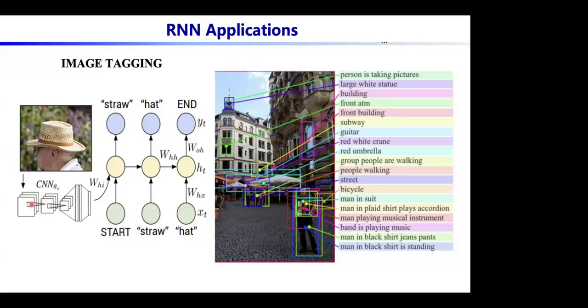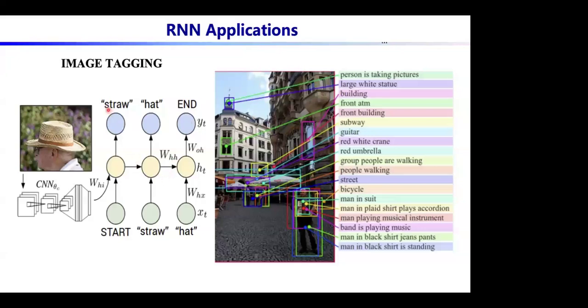So typically, what you can do is have a scene operation output objects one by one, and then input each object and train an RNN neural network to output the descriptions of the objects.